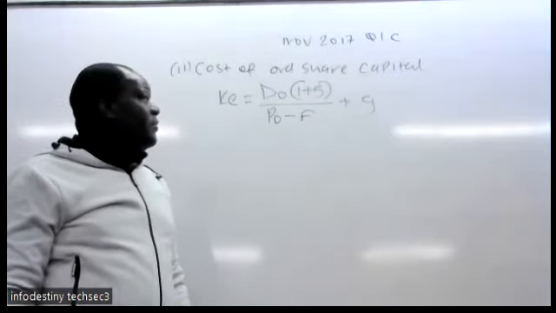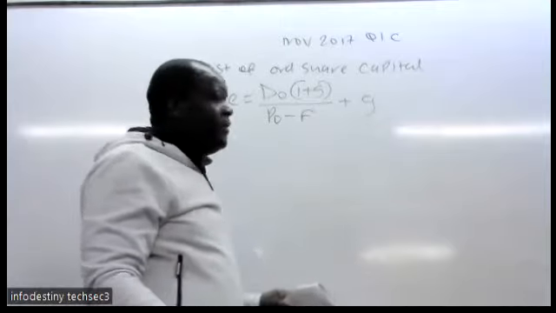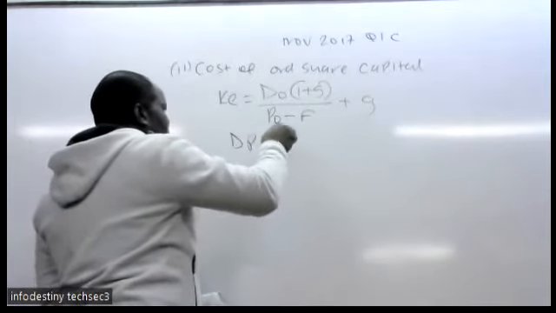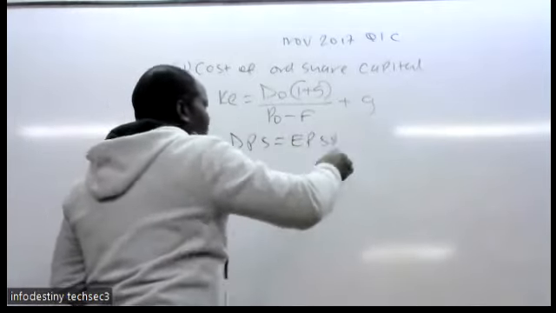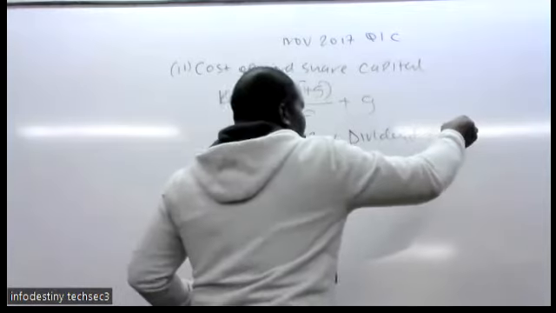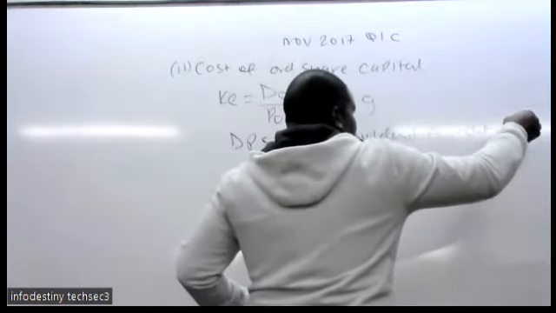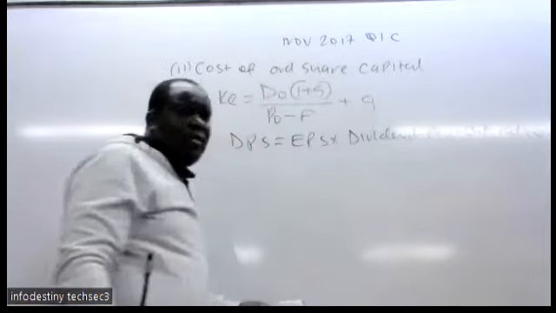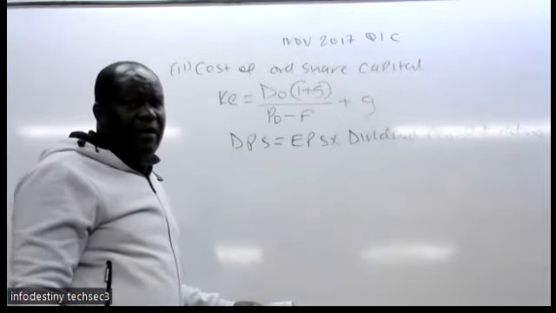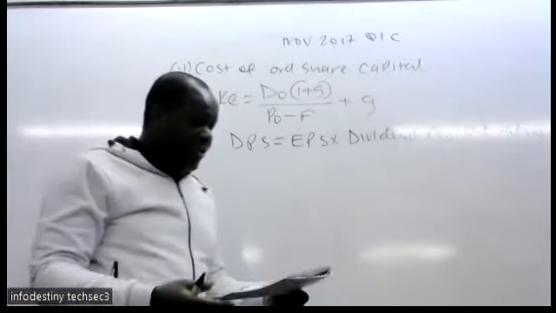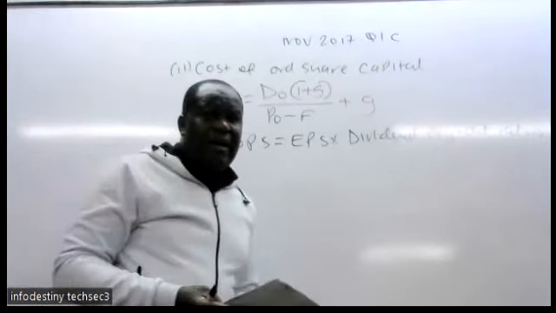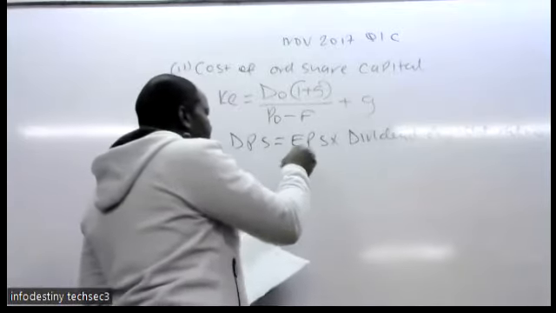So to calculate G, first you compute the dividend per share. The dividend per share is given by earning per share multiplied by dividend payout ratio. In note number 1, you had been given the earning per share, which is given as what? 5.